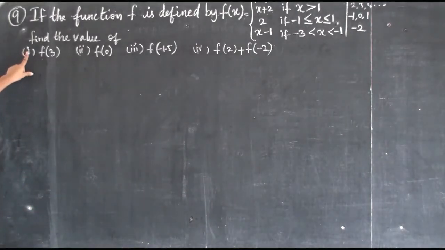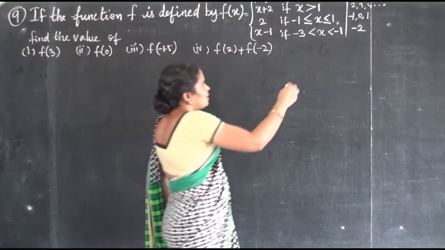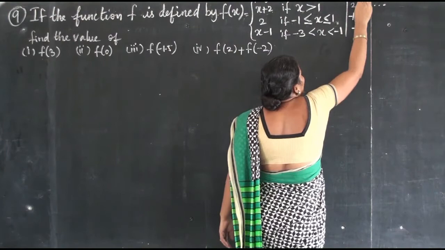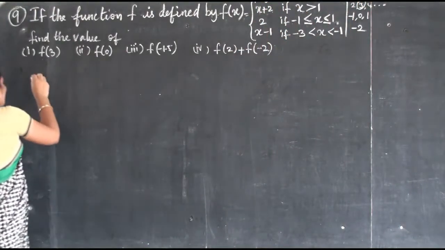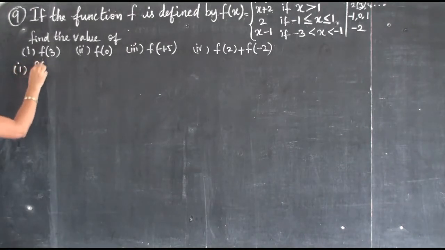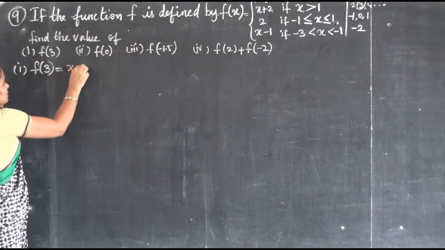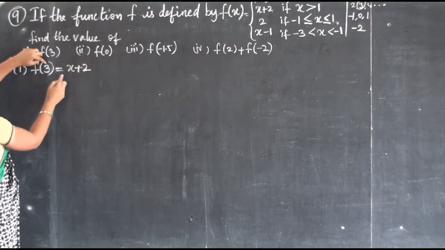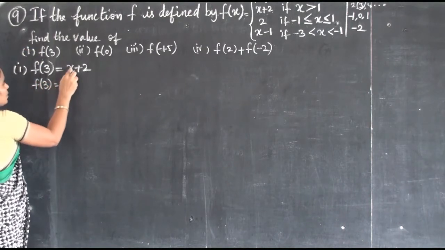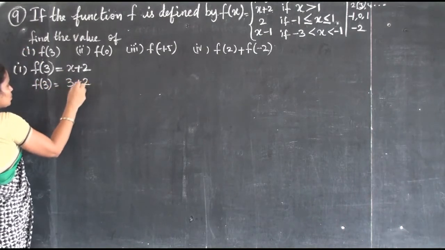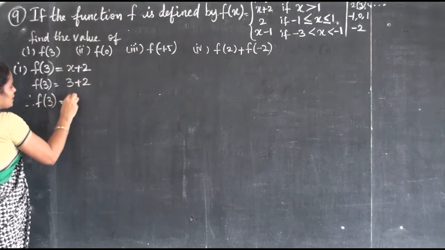Now question number 1, f of 3. Where is f of 3? The value 3 is in the first equation, that is we have to take x plus 2. So apply the first equation, f of 3 is equal to x plus 2. In the place of x you have to apply 3. So f of 3 is equal to 3 plus 2, therefore f of 3 is equal to 5.